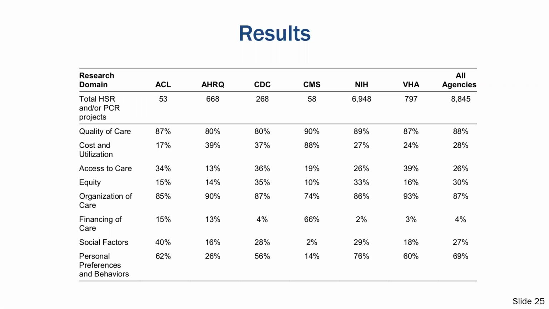Around that top line number of 8,845 total projects that were HSR or PCR, it was just a couple hundred on either side within the 95% confidence interval. So relatively little error in the end. We did report accuracy as well, and those are also reported in the results in terms of how accurate the machine learning algorithm was. But I'll leave it there for questions or comments.